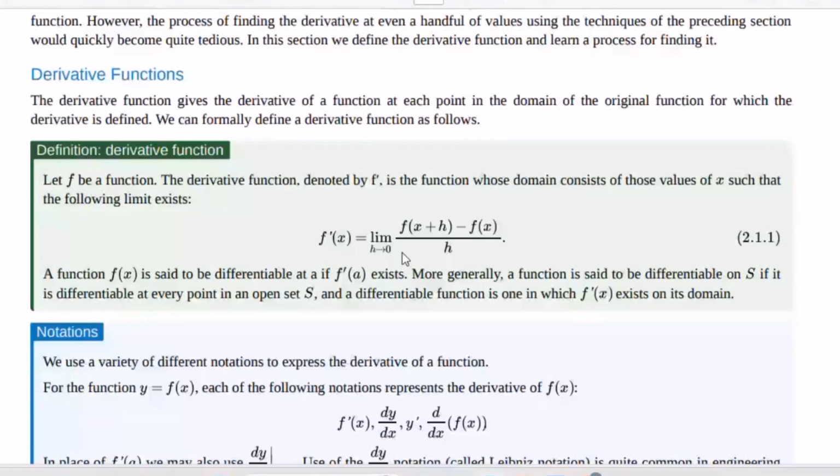Do we agree? Minus 1 over the square root of x plus 5, that is f of x, all over h.